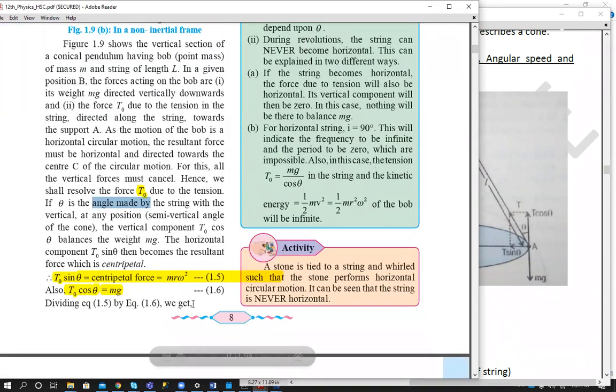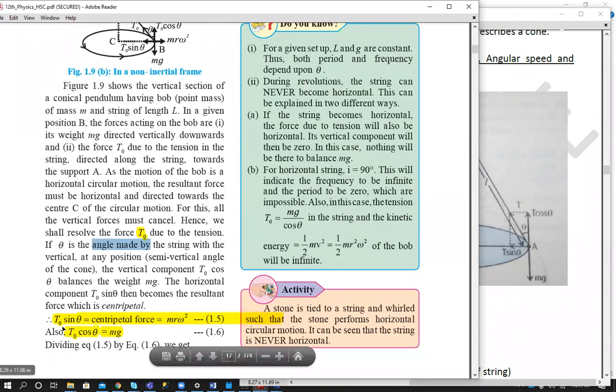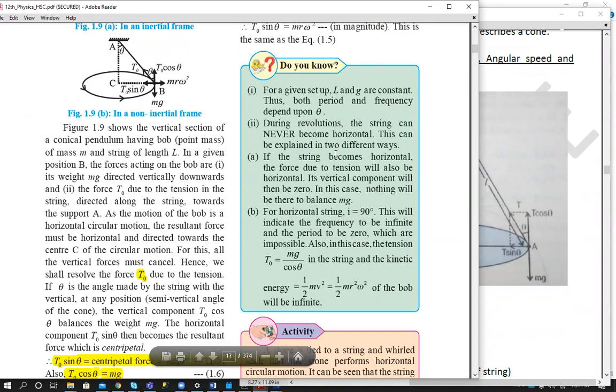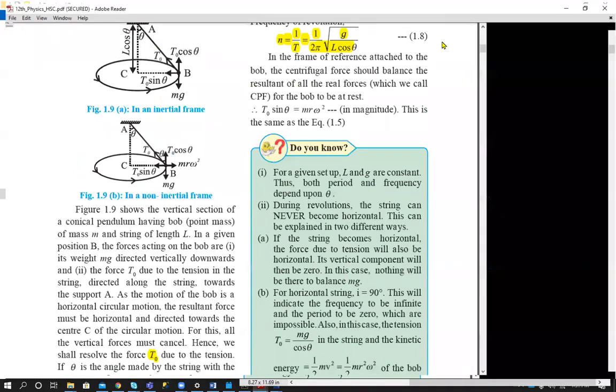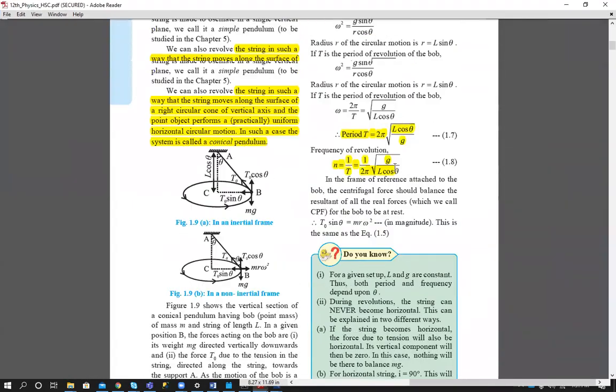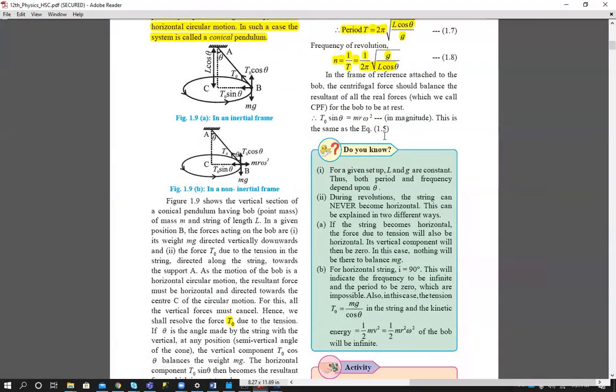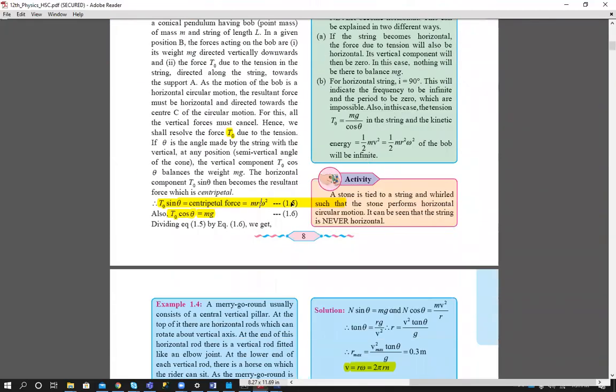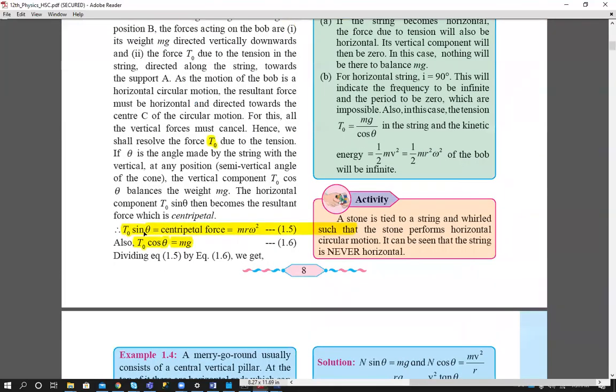They have taken the centripetal force as m r omega square, and divided these two equations, 1.5 by 1.6. After dividing these two equations, this T0 gets cancelled, sin theta upon cos theta is tan theta, and m gets cancelled.